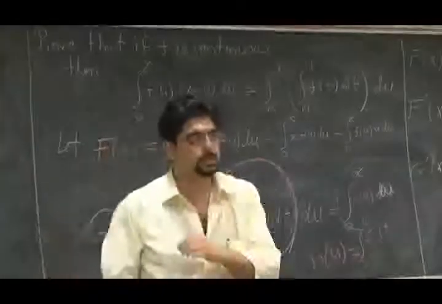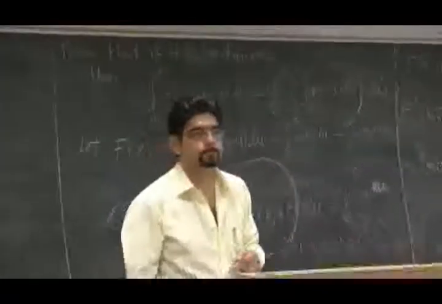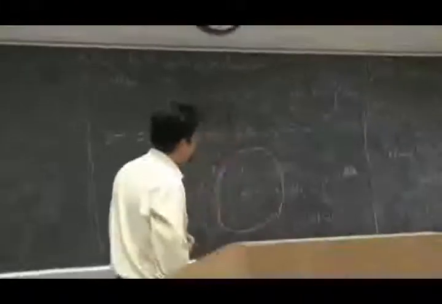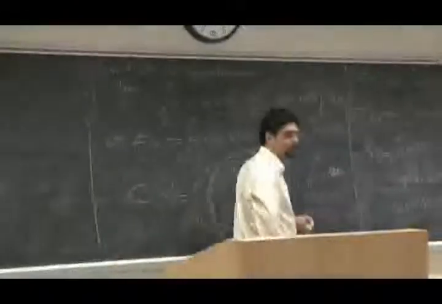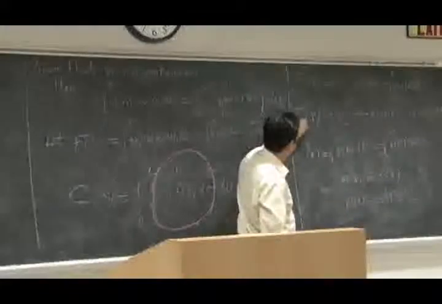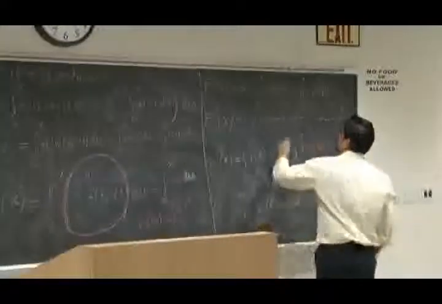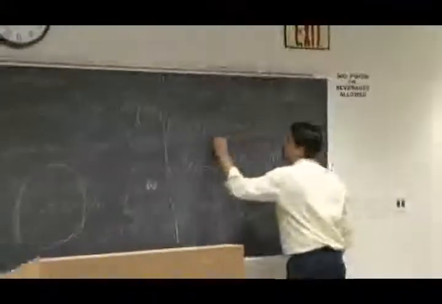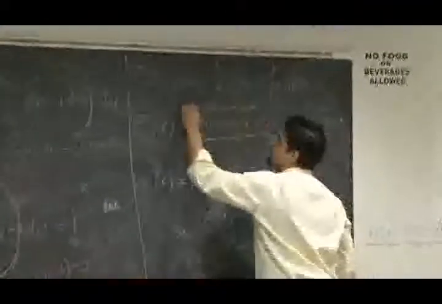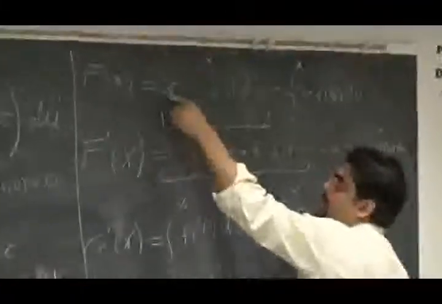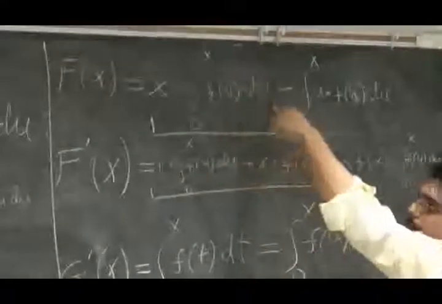All right. Any questions about this? What exactly did you do in that step over there? Which step? The second from the top. This one? Product rule. This is the derivative of this. The first function is x, the second function is this integral.